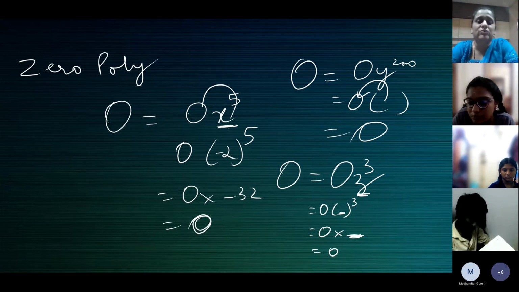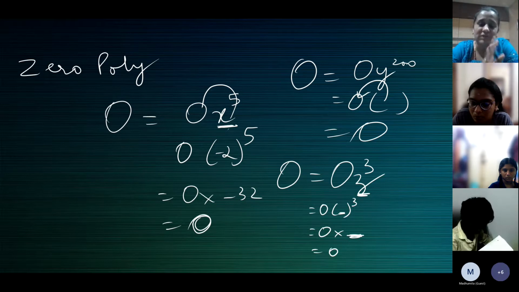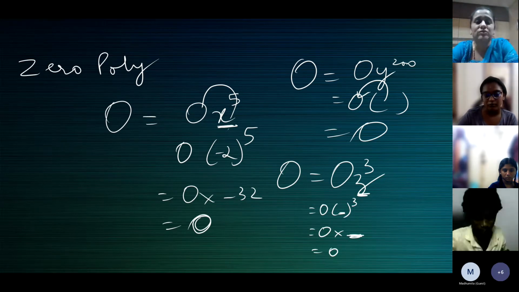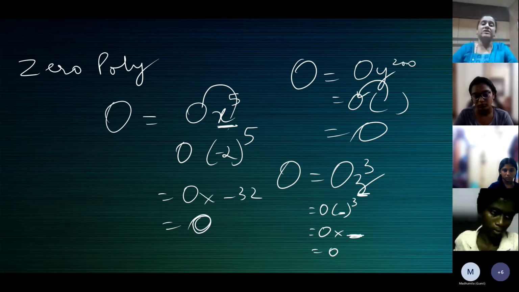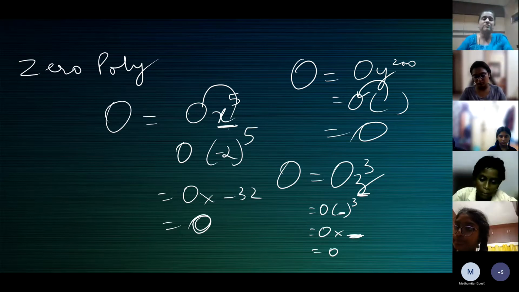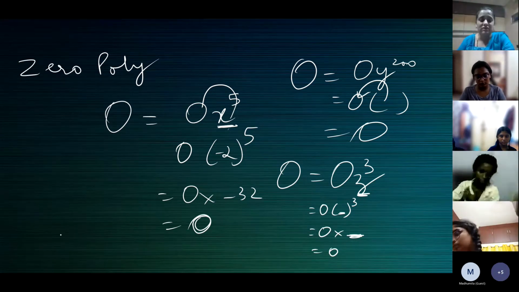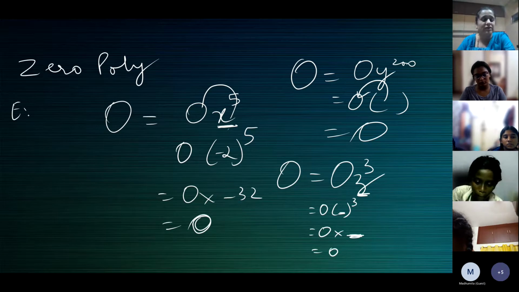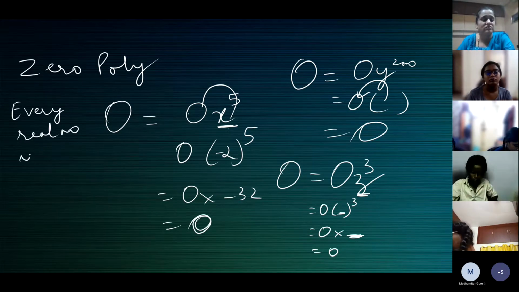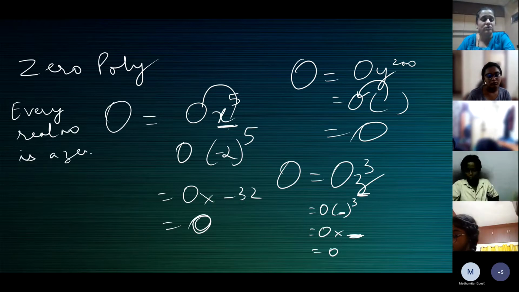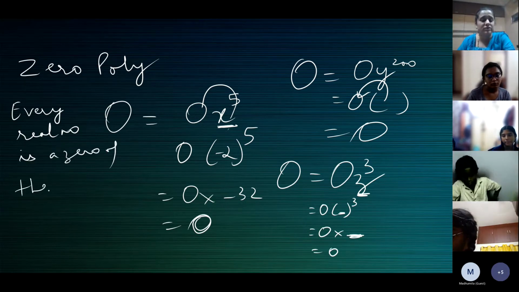Every real value will make the value of the polynomial 0. So we say every real number is a zero of the zero polynomial. Every real number, this is what you should write: every real number is a zero of the zero polynomial.